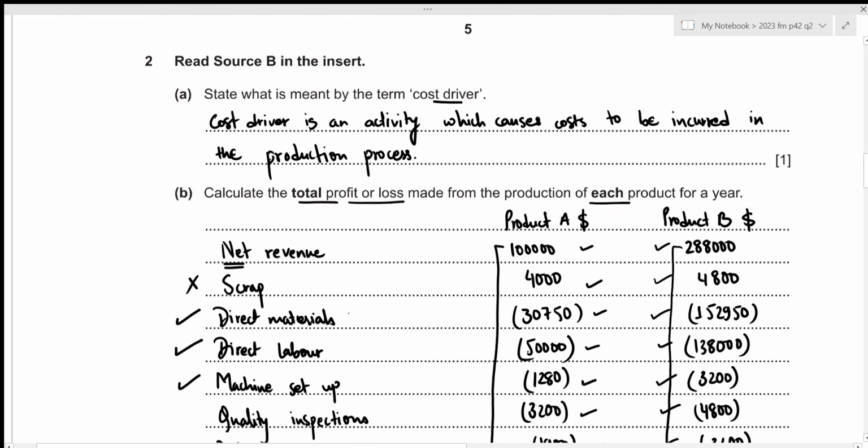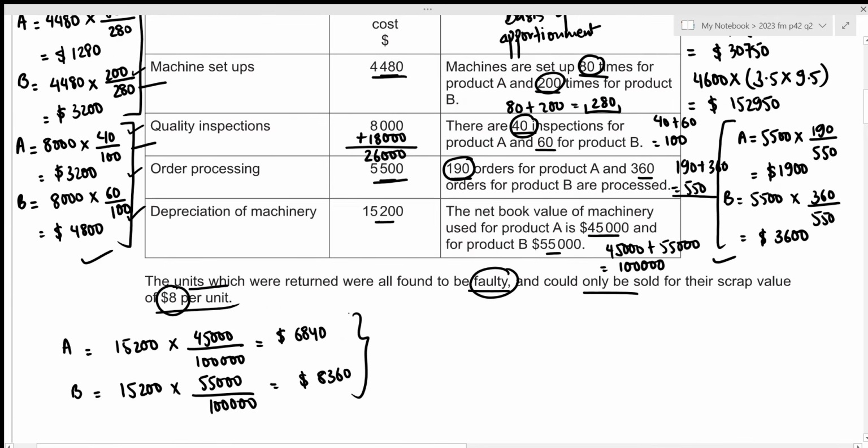Let's have a look above. Okay, so the total for our new quality inspection is 26,000. So for apportionment towards product A, we start with the total. And 40 inspections is done for product A out of the total of 100. And this will give our new apportionment of quality inspections towards product A to be 10,400.